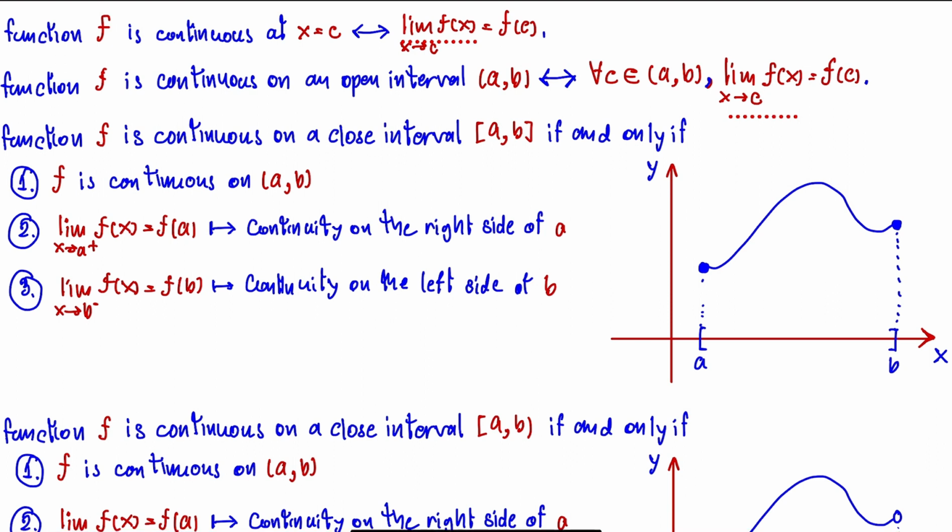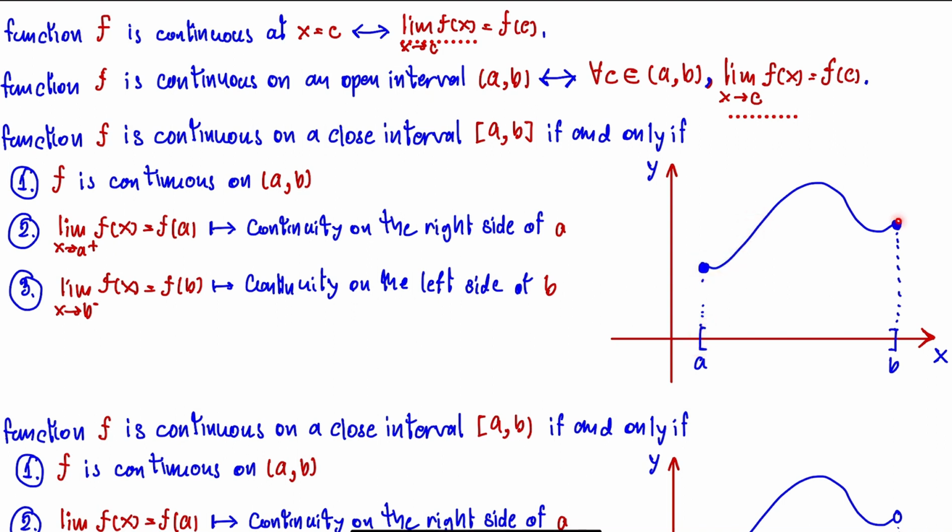The first one is to consider the endpoint on the left side, in this case a, and consider the limit from the right side. So if you have the limit of f of x as x approaches a from the right, it must be equal to f of a. If you have this limit, that means that your function is continuous on the right side of a.